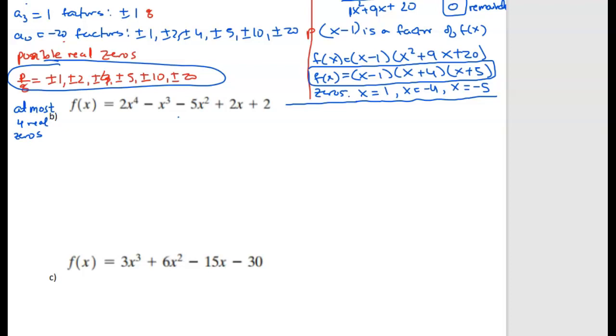Descartes' rule of signs will tell me possibly how many positive and how many negative. So let's count the sign changes. So 1, no, 2. 2 sign changes. So that means I either have 2 or 0 positive real zeros.